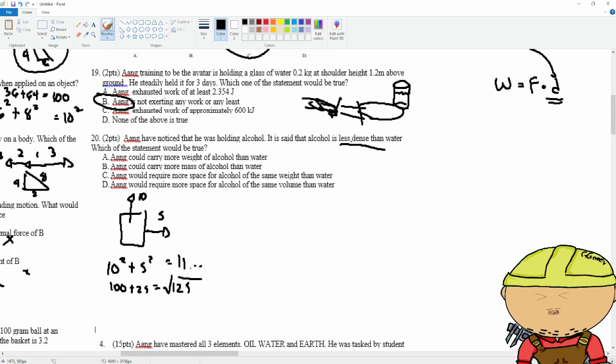So alcohol is less dense than water, meaning density is mass over volume. Alcohol, water, mass over volume. So volume is always assumed as 1.